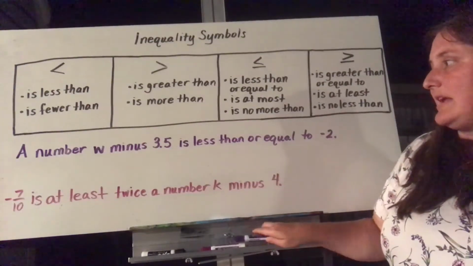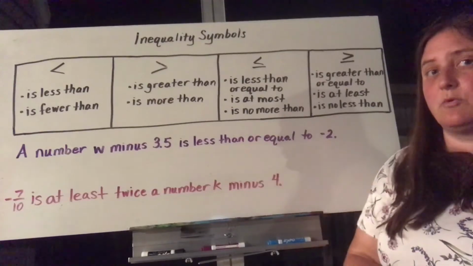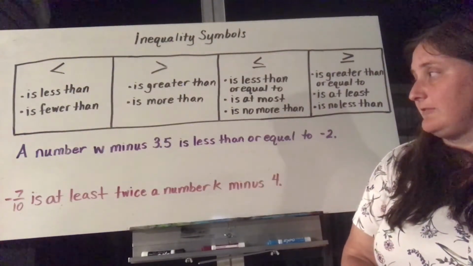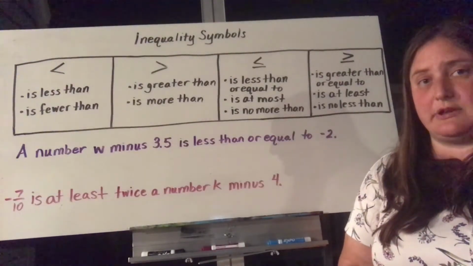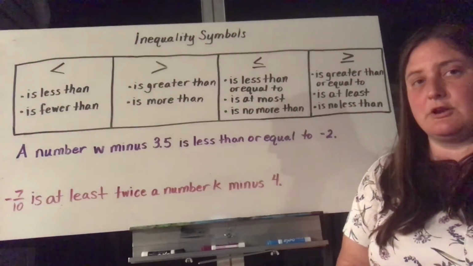So when we have a statement written out in words, we can change this statement into an inequality statement. A number w minus 3 5/10 is less than or equal to -2. I'm looking for some key words here that tell me which inequality symbol to use in my inequality statement.